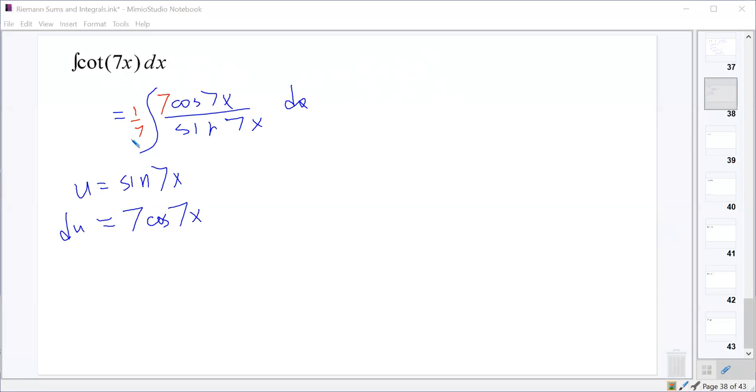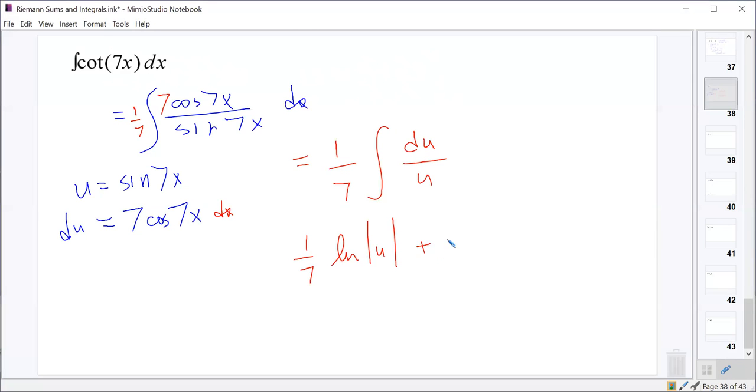And so now this becomes 1/7 of the integral of du, 7 cosine 7x, forgot the dx, 7 cosine 7x dx over u, which gives us 1/7 the natural log of the absolute value of u plus our constant.